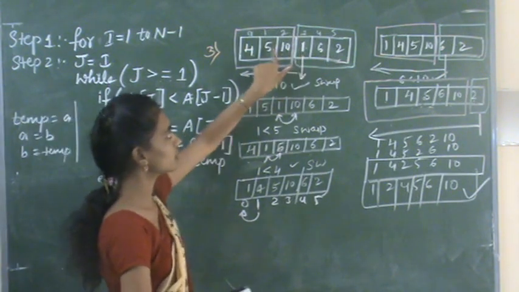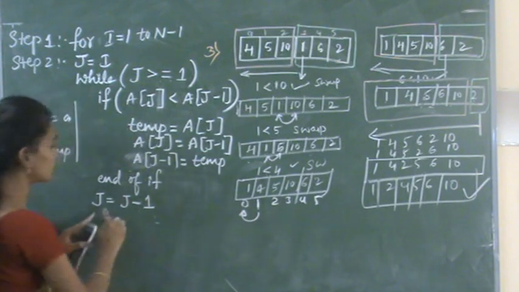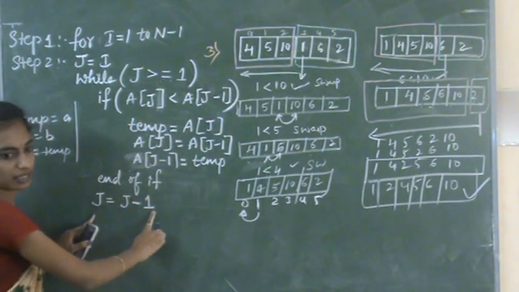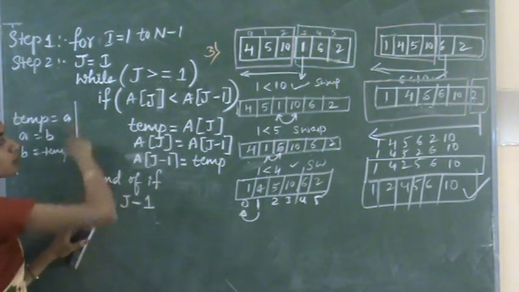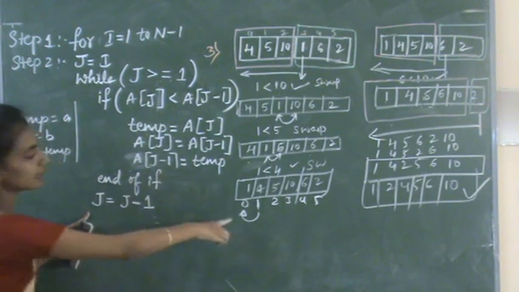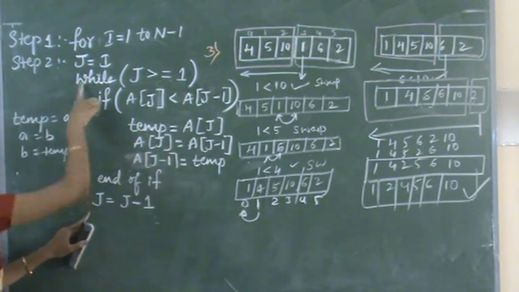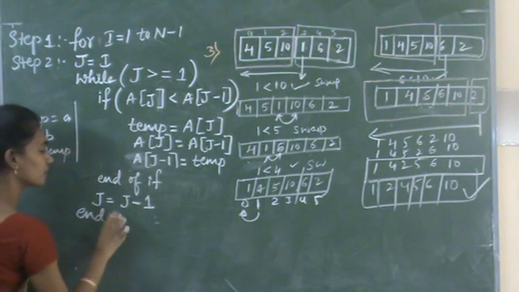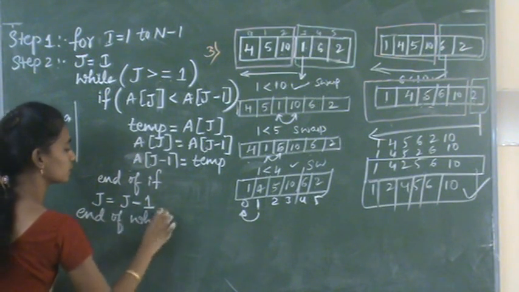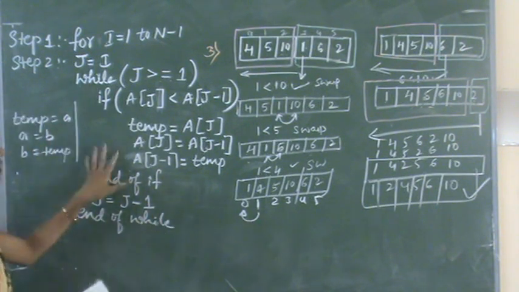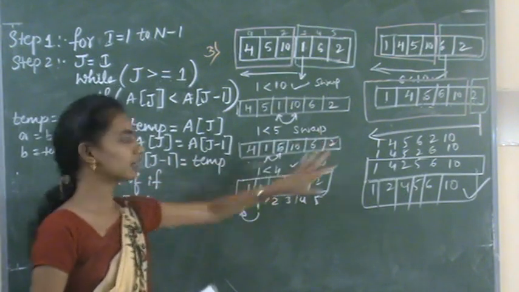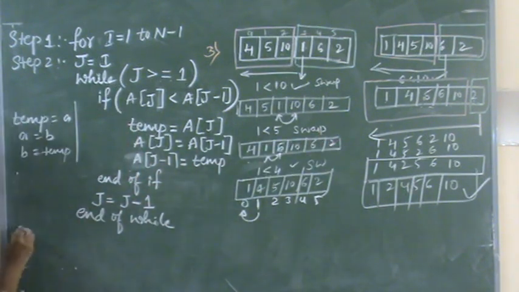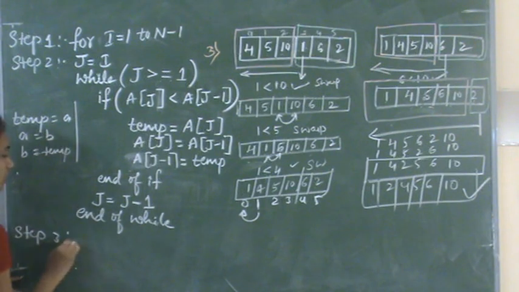Again we are comparing this 1 to 5, so we are using this j minus 1. After this the loop will be repeated until the condition becomes false. Then this becomes the end of while. After this we will get the final result of a sorted array, and then the last step is exit.